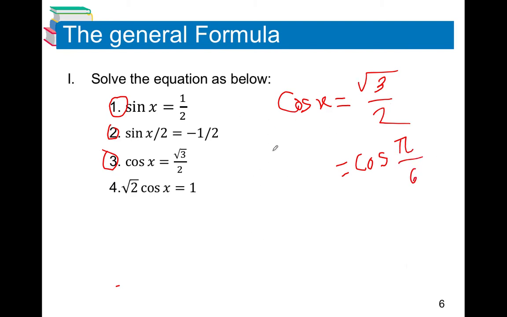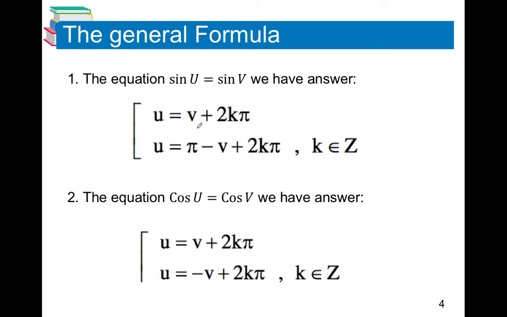So cos h equals cos pi over 6, because cos pi over 6 equals square root 3 over 2. Okay, we go to the equation here. For cos we have two answers as well. We have u equals v plus 2k pi, and u equals minus v plus 2k pi.